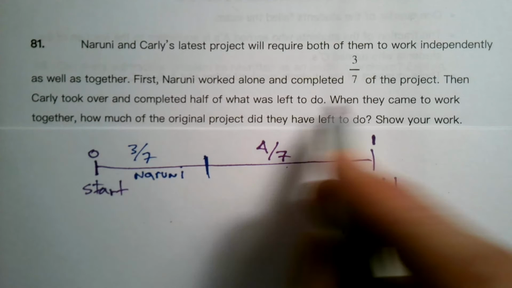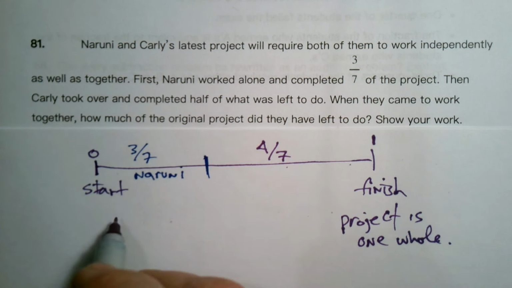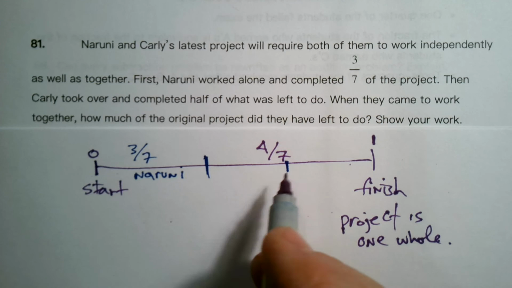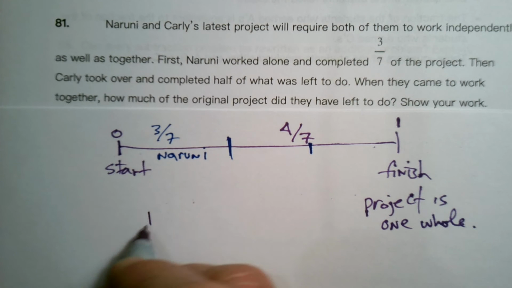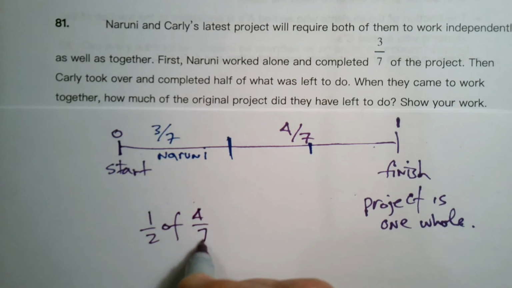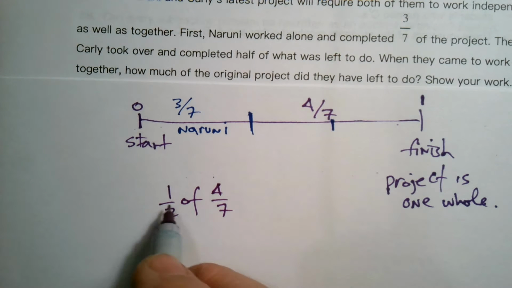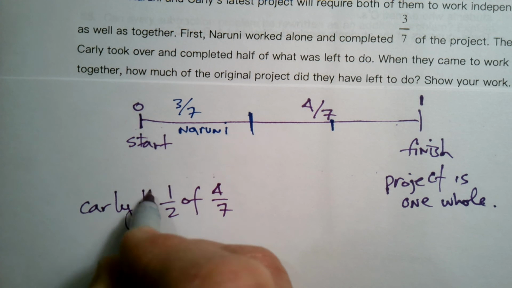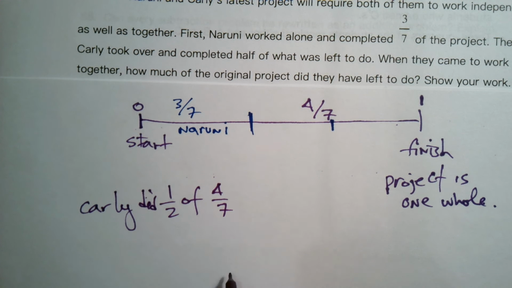And we know that Carly did half of that. So what I need to figure out is what did she do? Carly did 1/2 of what was left, which is 4/7. So Carly did 1/2 of 4/7 of the project.